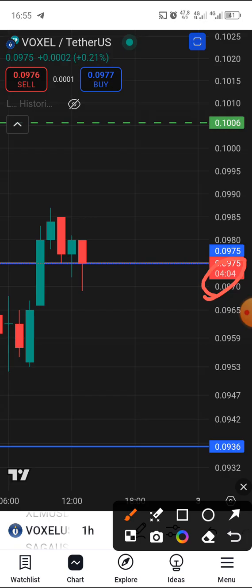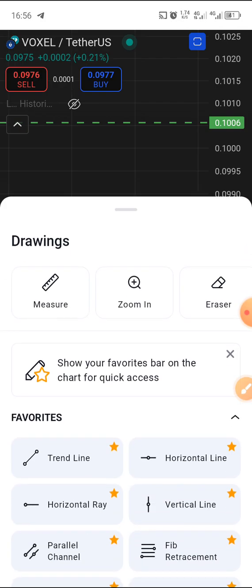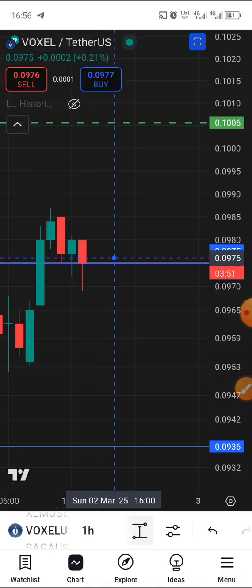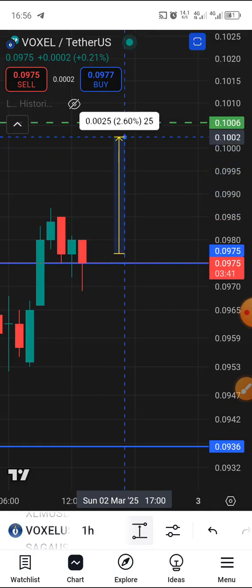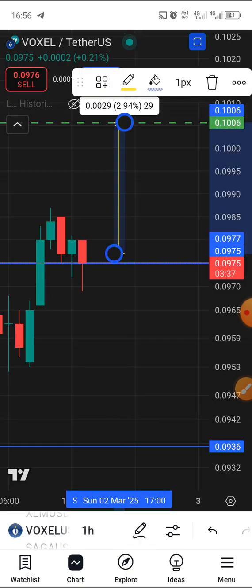So the moment this candle closes, like you see, it is left with only 4 minutes to close. So you can keep on monitoring this, and the moment it closes, then you come, bring your price range, press it to where your next candle has opened. Like let's say it opens from this point here, then measure to this, and this will be your take profit.